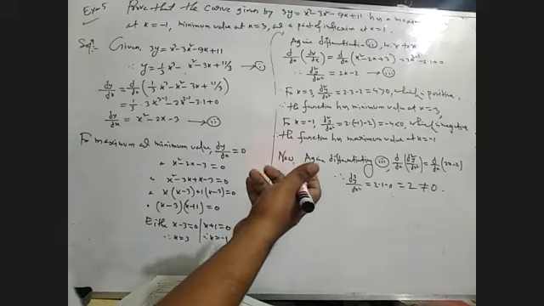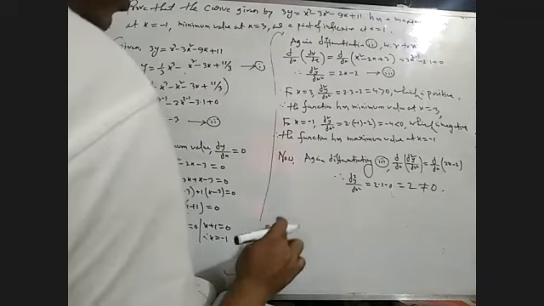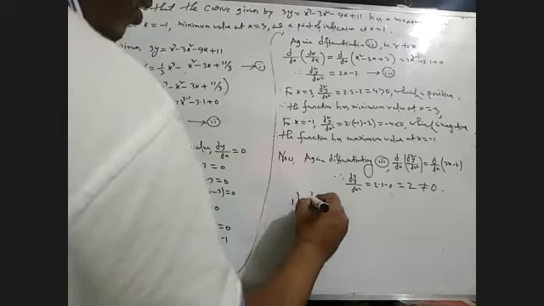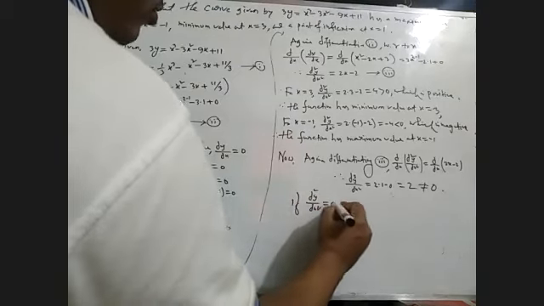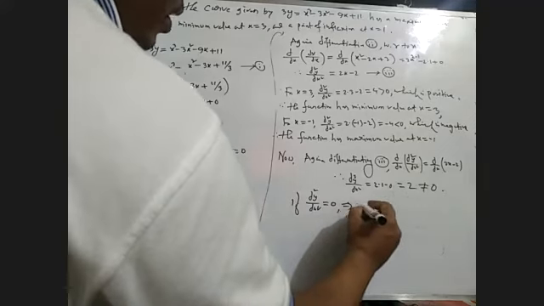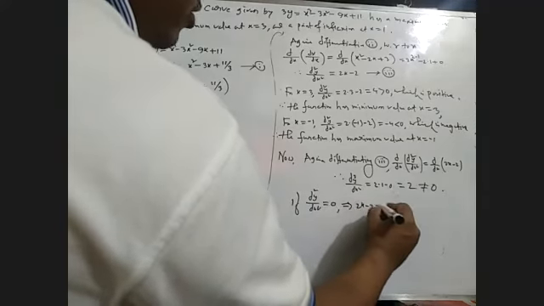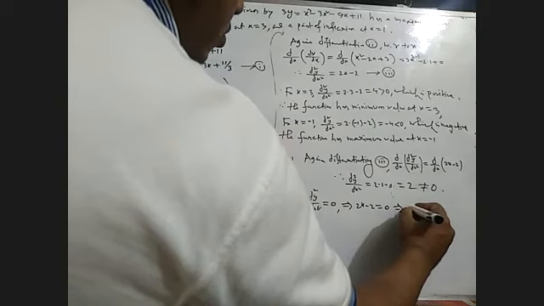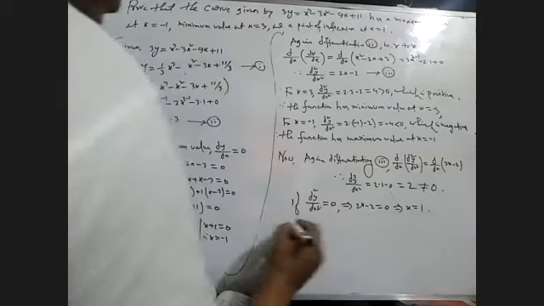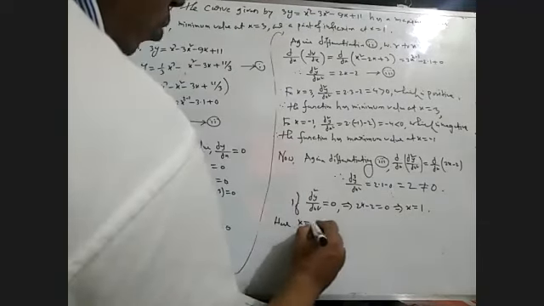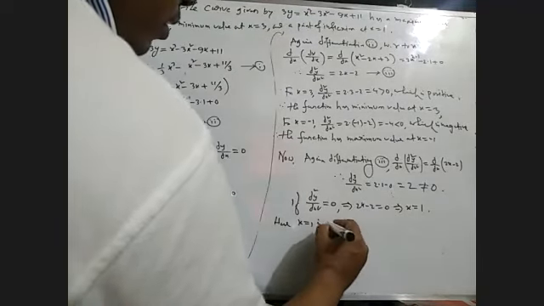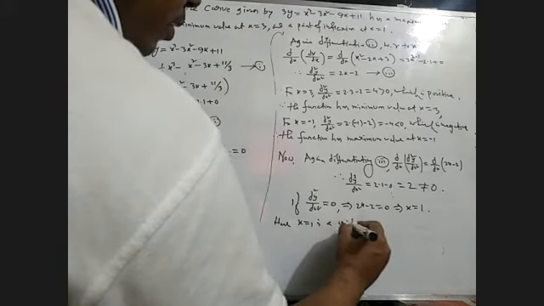Third derivative is not equal to 0. So if d squared y by dx squared equals 0, then 2x minus 2 equals 0, so x equals 1. Hence x equals 1 is a critical point.